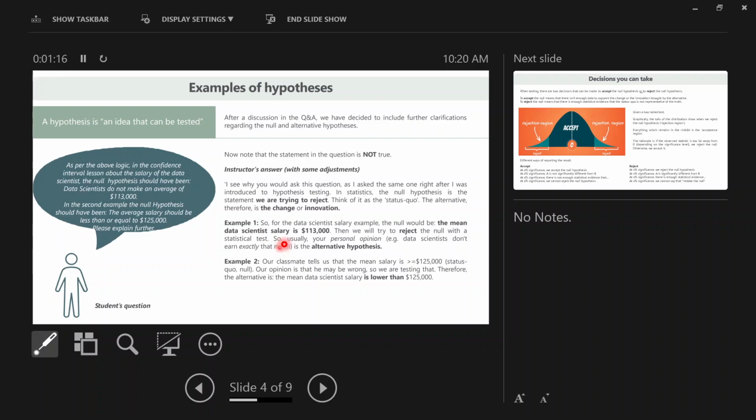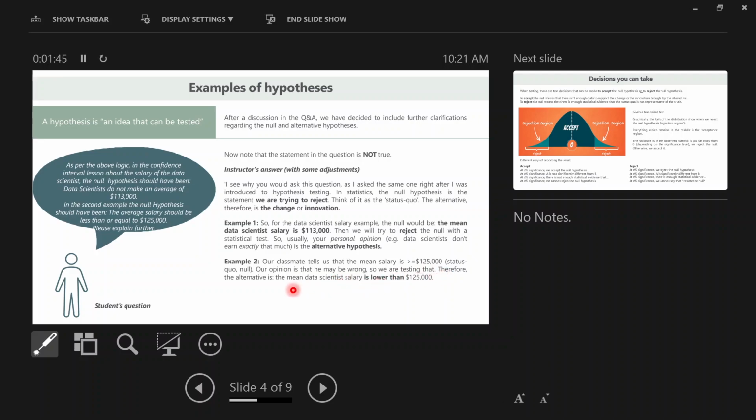You are trying to disprove, like you don't agree with this statement. Then you say that no, data scientists do not earn that much. In the next example, you are being told that the mean salary of data scientists is more than or equal to 125 US dollars.